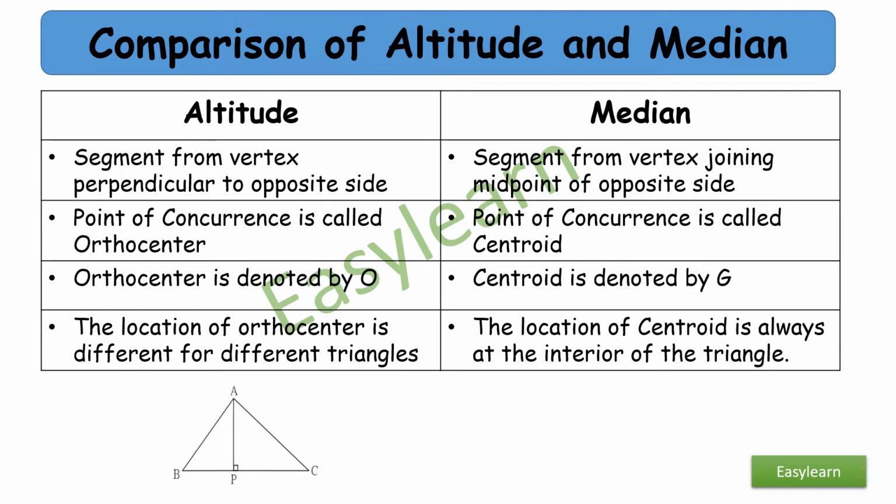The point of concurrence in median is called centroid. Orthocenter is denoted by O, centroid is denoted by G. The location of orthocenter is different for different triangles, and the location of centroid is always in the interior of the triangle. So this is a diagram for altitude and this is a diagram for median. A small comparison.